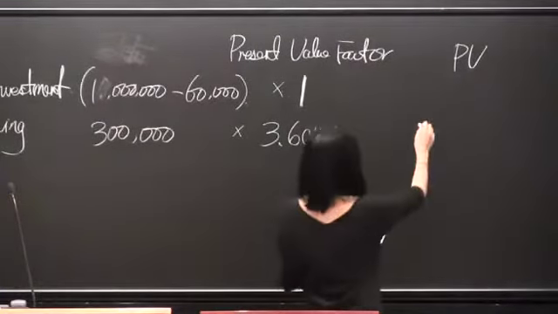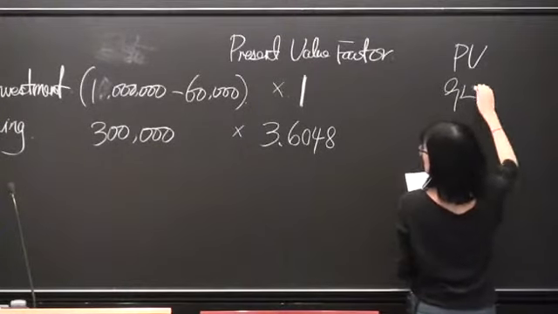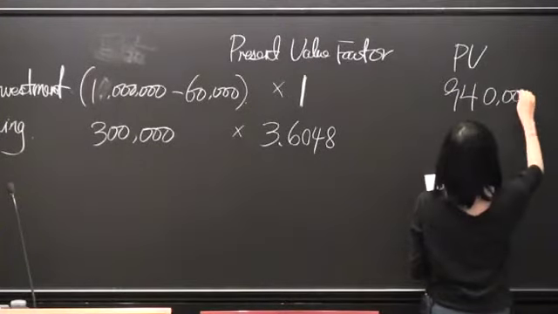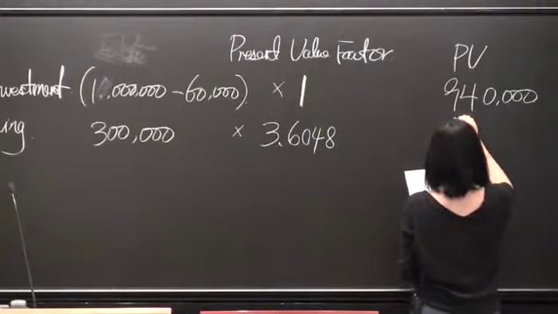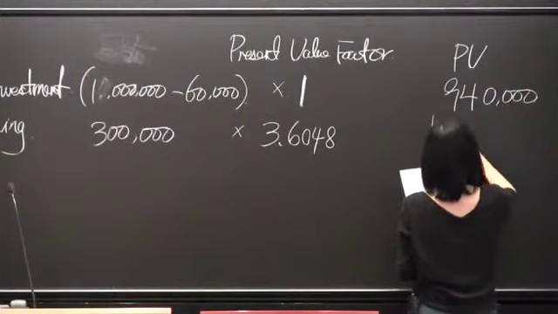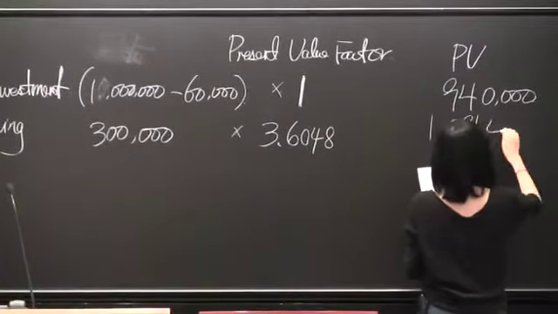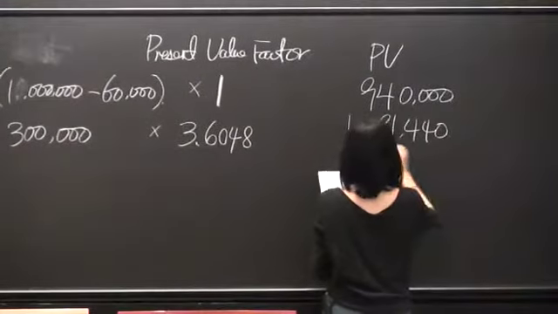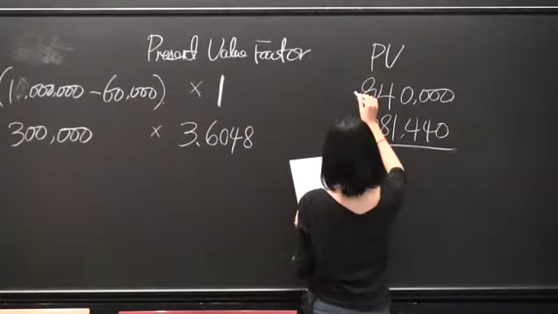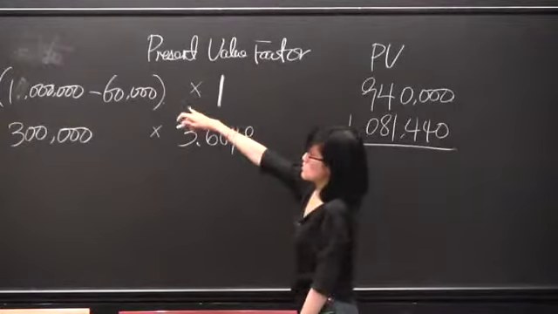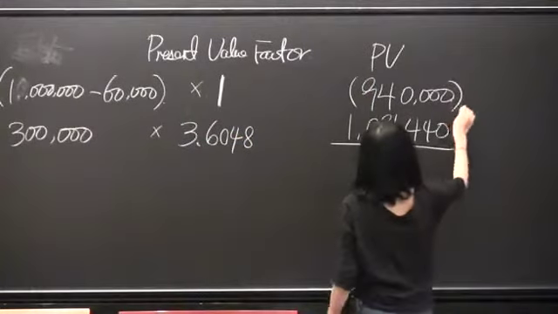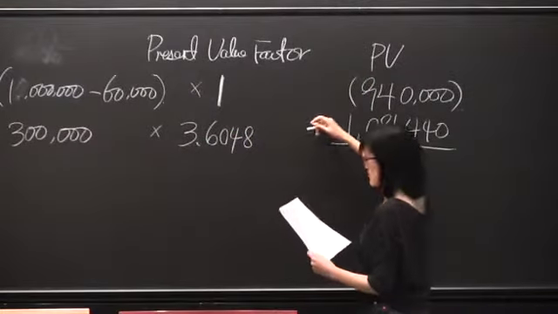And your present value is, and for this it would be, and since you're paying it out, this is a negative and this is a cost saving, so it's positive.